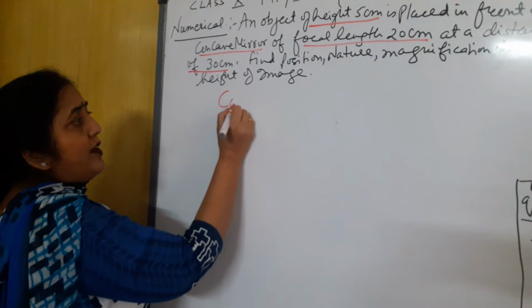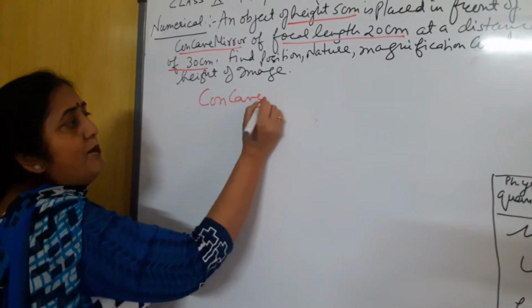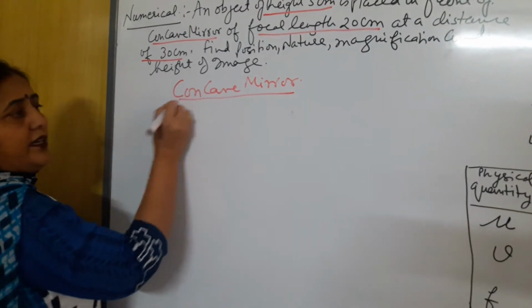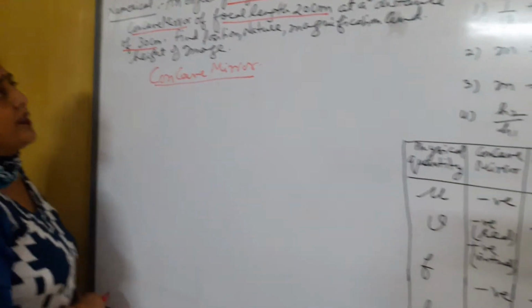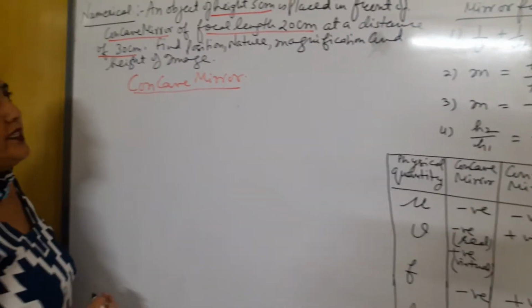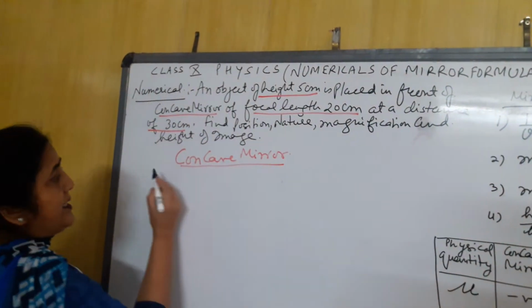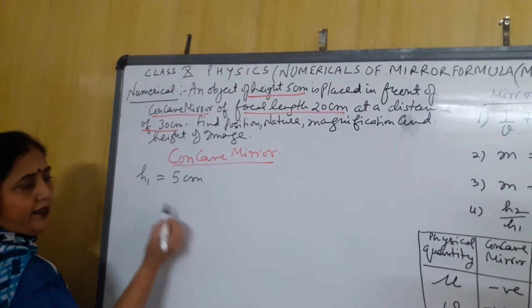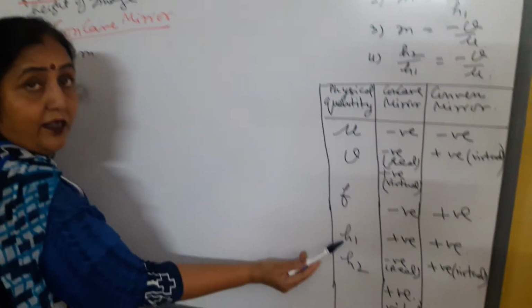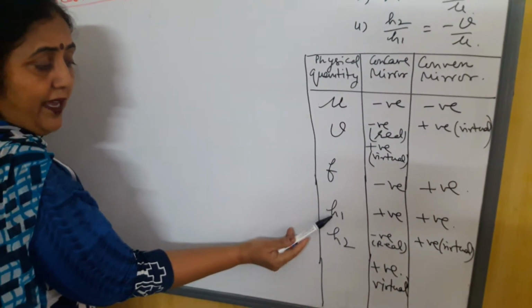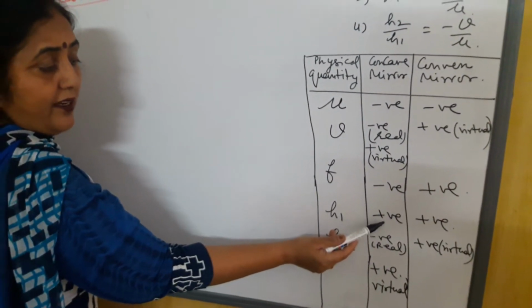First of all, we will write the mirror which is concerned, and here it is a concave mirror. Then write down what the physical quantities are given. Height is given 5 centimeter, and I told you that the object is always kept above the principal axis, so we will take positive sign for height.